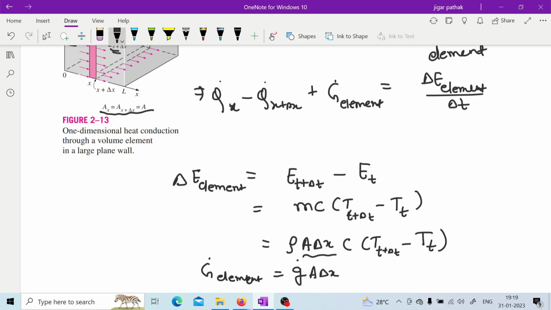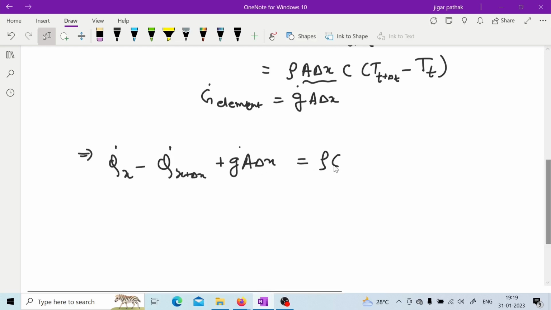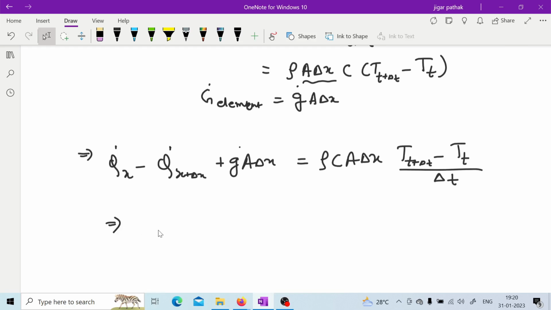So if you put all these values in the above equation, then you can simplify it as qx minus qx plus delta x plus G A delta x equals rho C A delta x times the change in T. So this is how you can simplify it, and here also you can divide it by this volume.